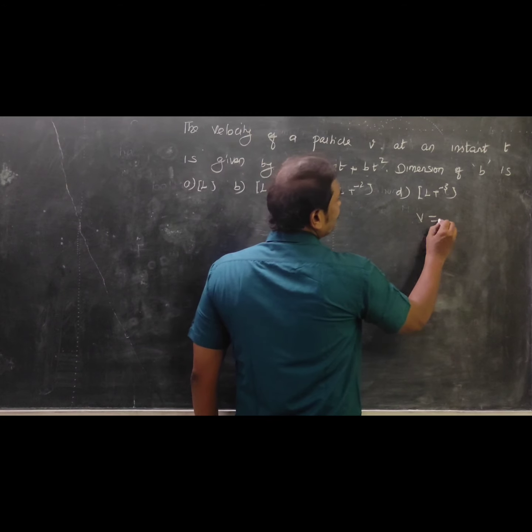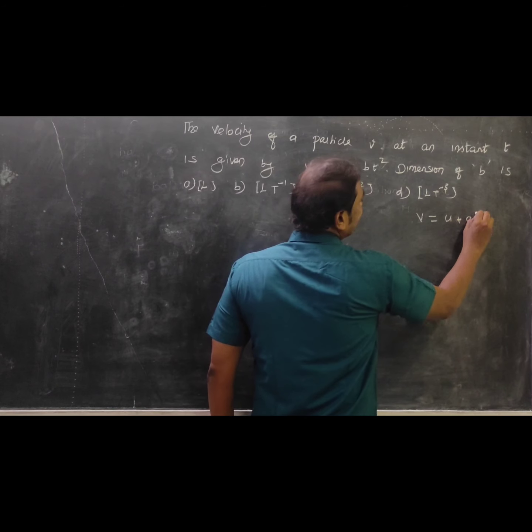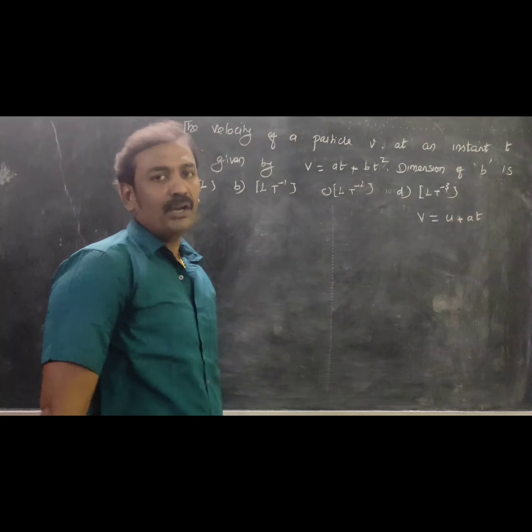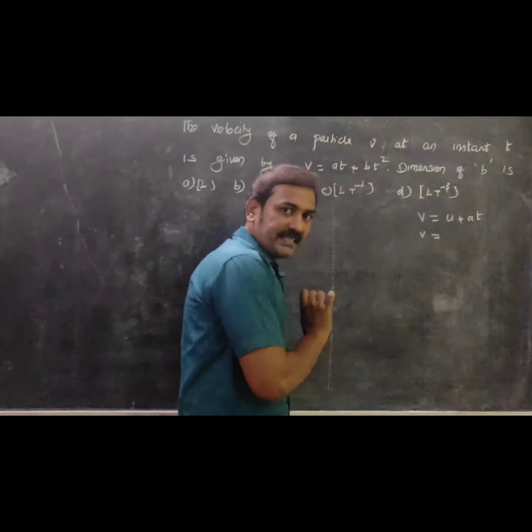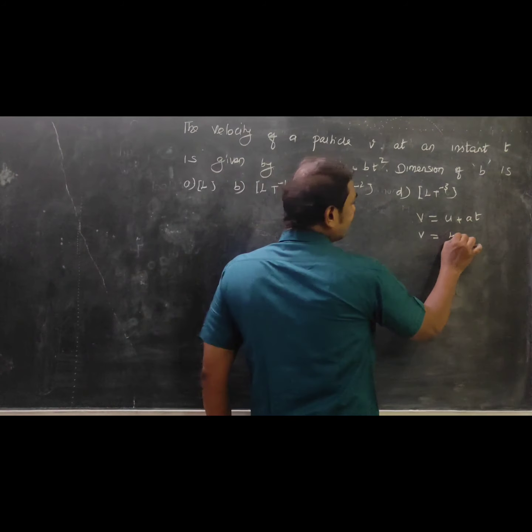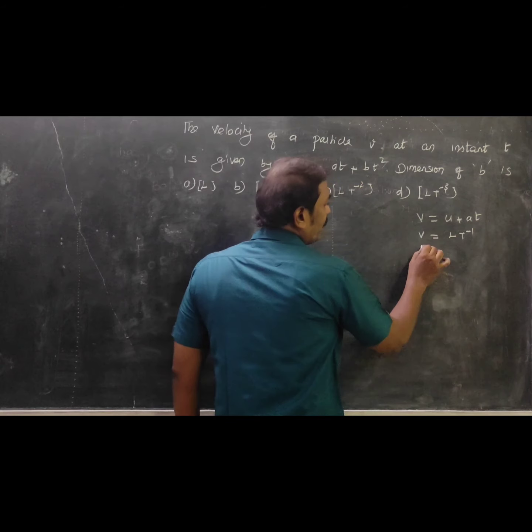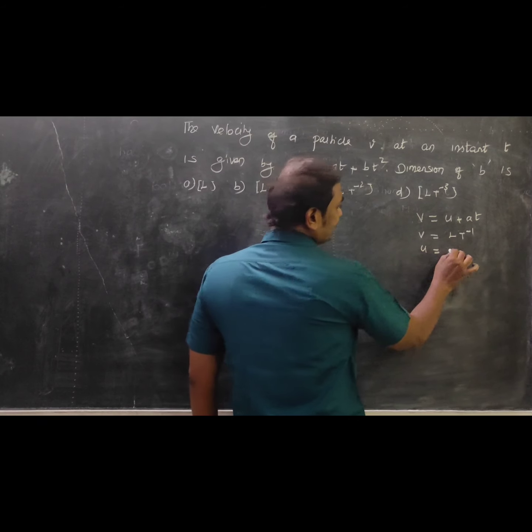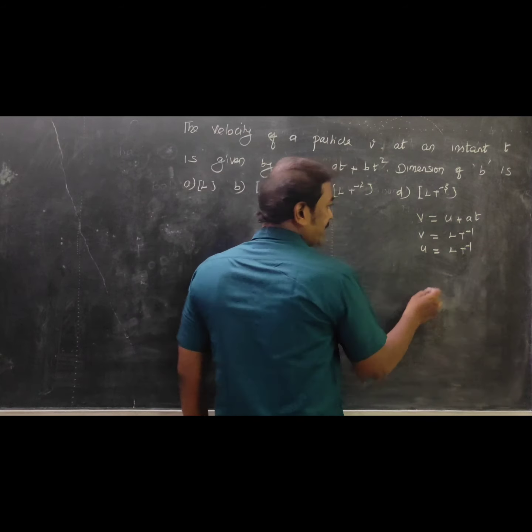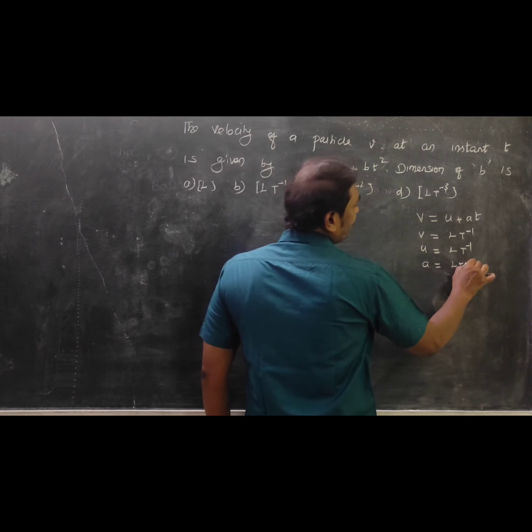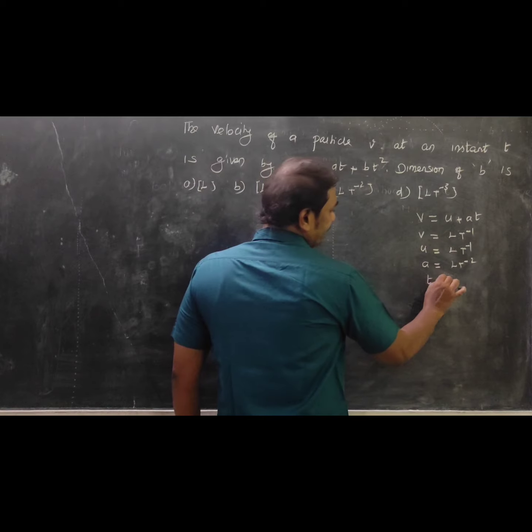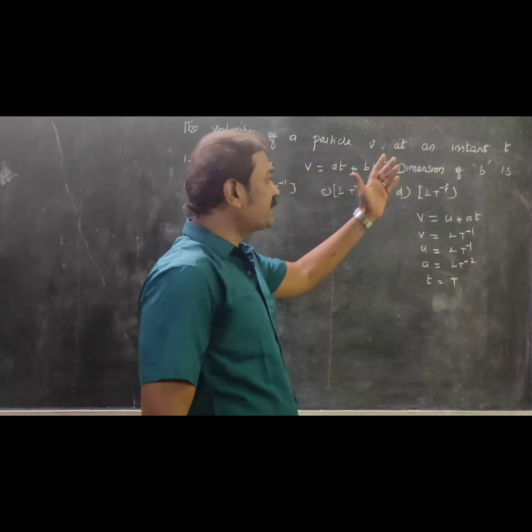First equation of motion: V equal to U plus AT. V is the final velocity, that is L t power minus 1. U is the initial velocity, that is L t power minus 1. A is the acceleration, L t power minus 2, and time is t. Just substitute that.